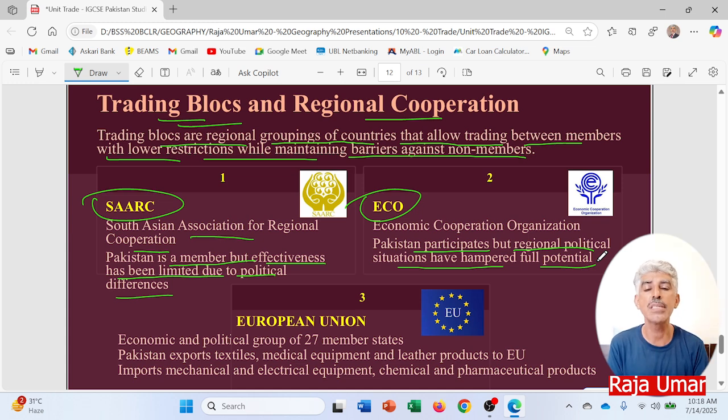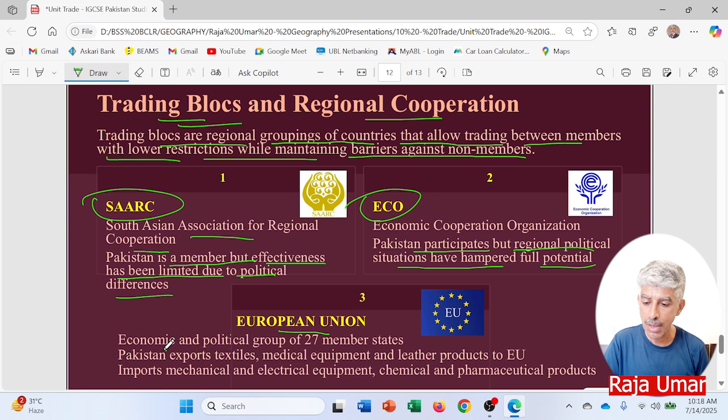Now many other countries of the Central Asian region, Turkmenistan, Tajikistan, Uzbekistan, Azerbaijan, have all joined ECO, including Afghanistan, but still the effectiveness of this organization is really very limited, as these countries are not really coordinating well with one another for the sake of developing regional trade.